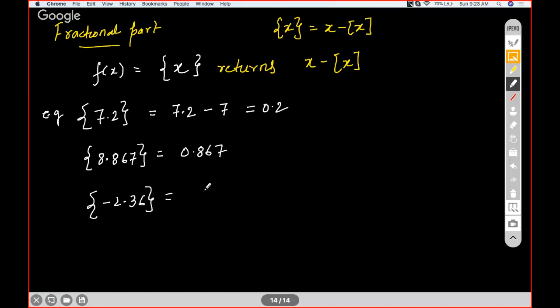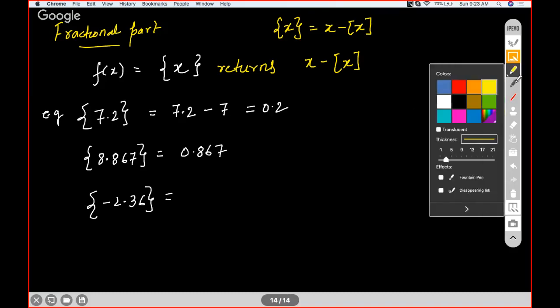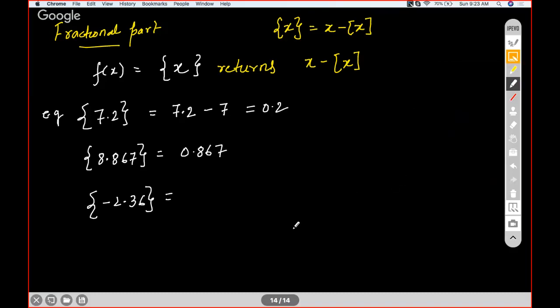I'm just saying it out to myself. Negative 2.36 minus the GIF of this, the greatest integer.